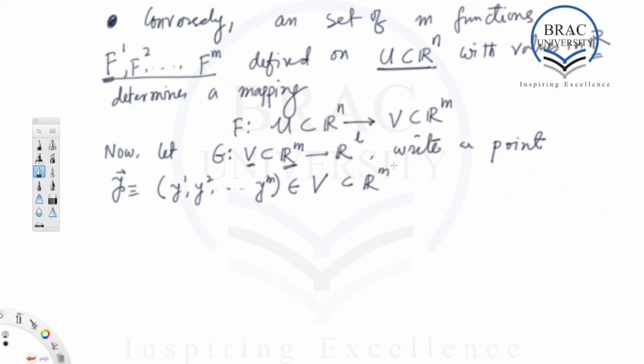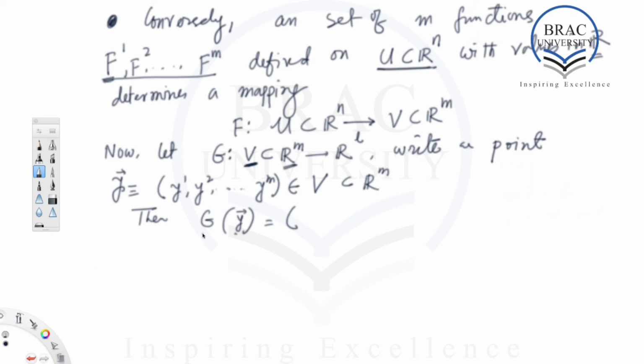Okay, so then g of a vector y, right? g is defined on this open subset V of R to the m. So g will be a function of vector y, and it is mapped to R to the l.